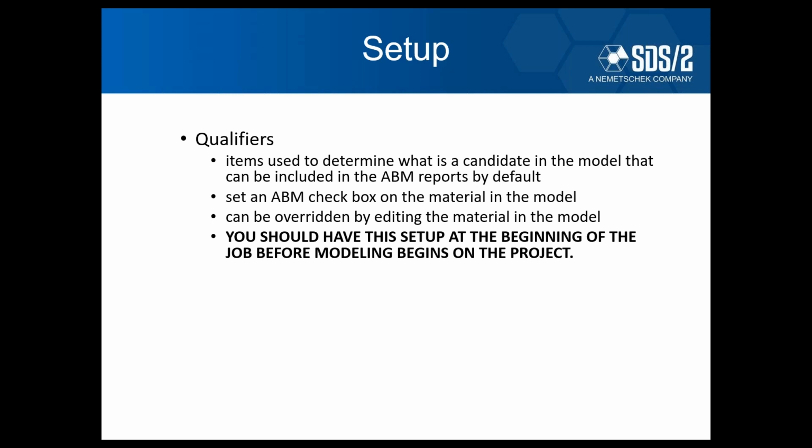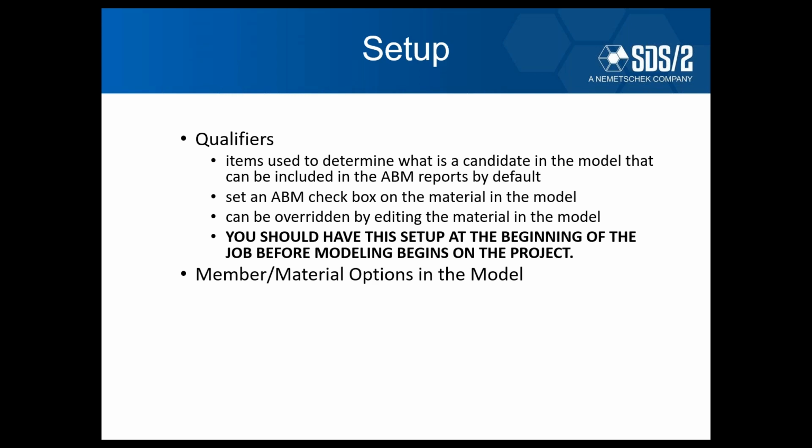That's going to be for what is going to be added to the model. So if I add it to the model and it's not qualified, no matter what I do in the qualifiers, it's not going to be selected. I would have to go in and individually on those different members or materials and select that I want that to be part of and be a candidate for the ABM.